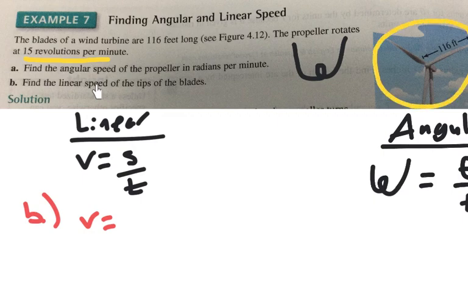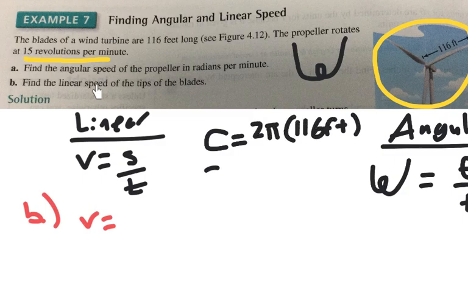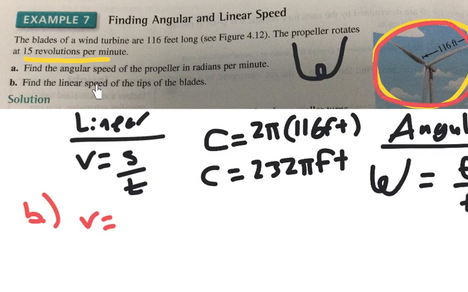Let's figure out the distance covered in 1 revolution. So again, I'm finding the circumference. The circumference is equal to 2 pi times the radius, which is 116 feet. So the circumference is 232 pi feet. This is the distance covered in 1 revolution, 1 time around.